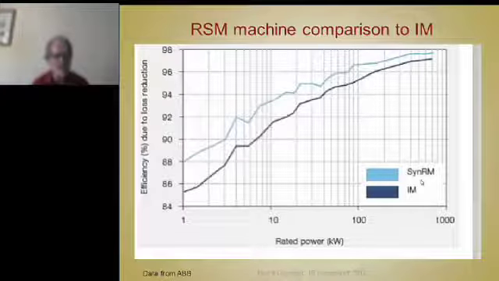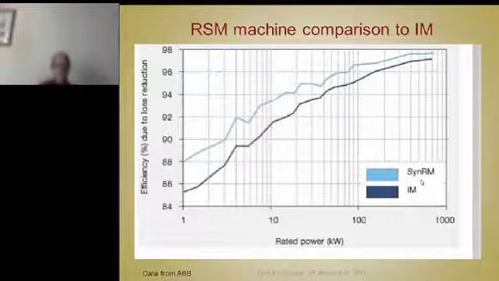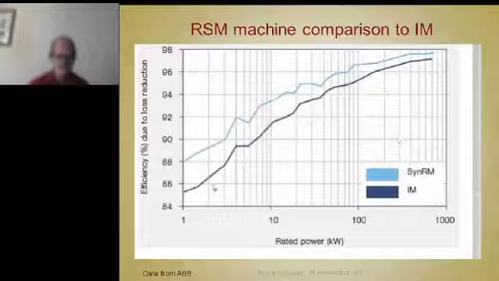for you a plot that's been published in the year 2012 by ABB, the big Swedish motor company that bought Reliance and Baldor, and they've just released a whole product line of these reluctance synchronous machines. They've plotted efficiency versus power for their product line, and they've taken their standard induction motor product line.